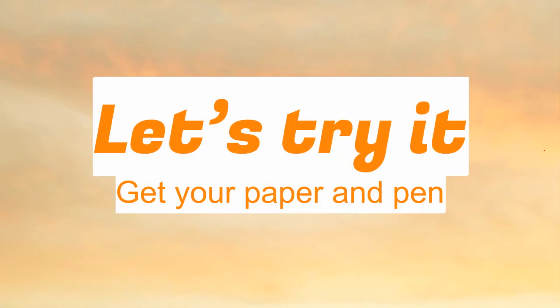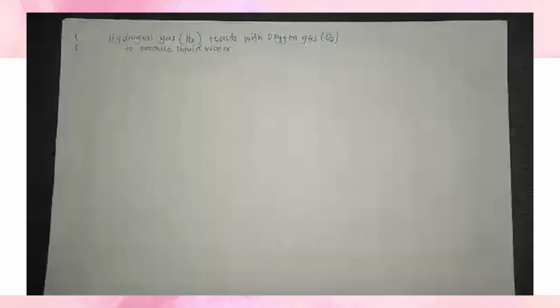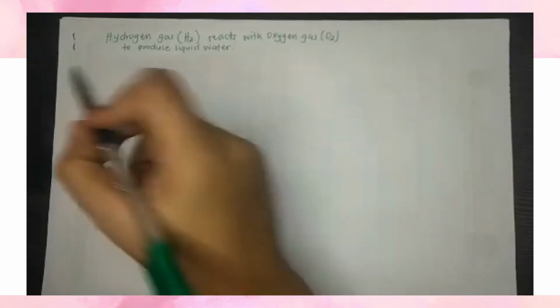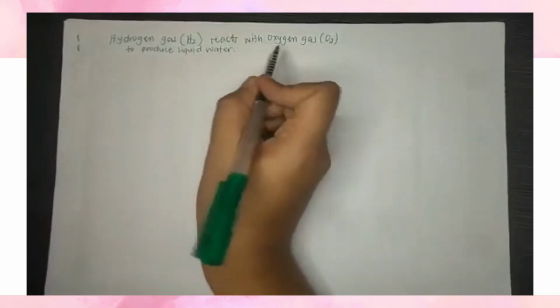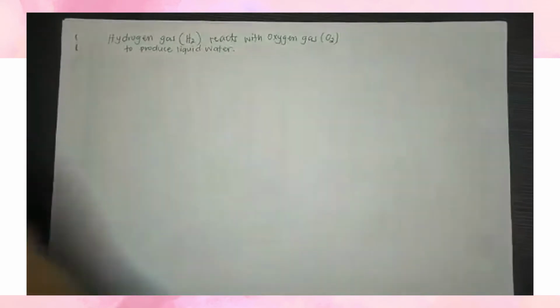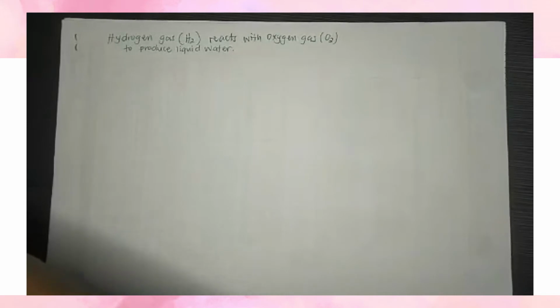Now, let's try it on an example. Get your paper and pen to follow. So it says that hydrogen gas reacts with oxygen gas to produce liquid water. So our first step is to write the unbalanced equation.